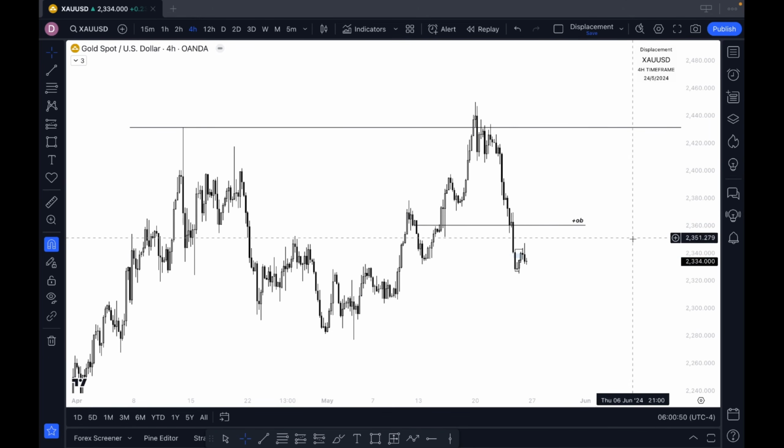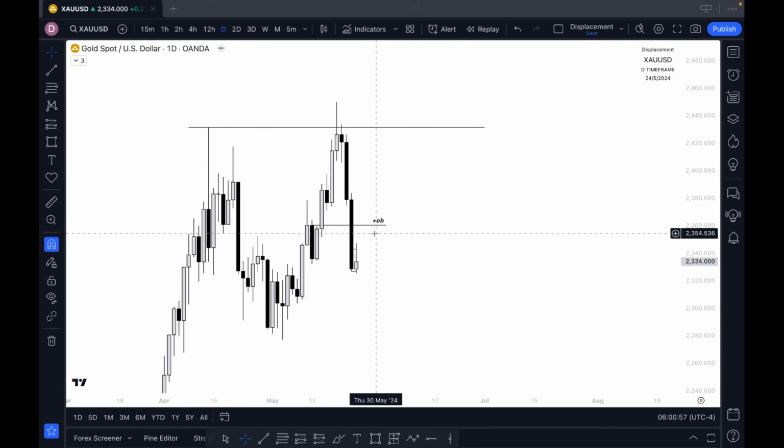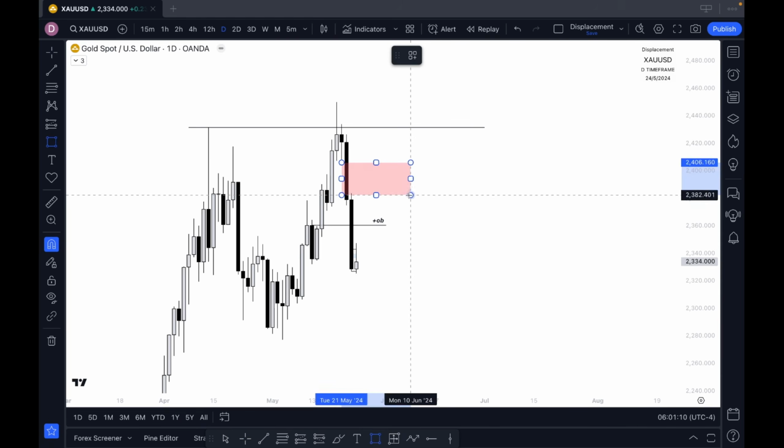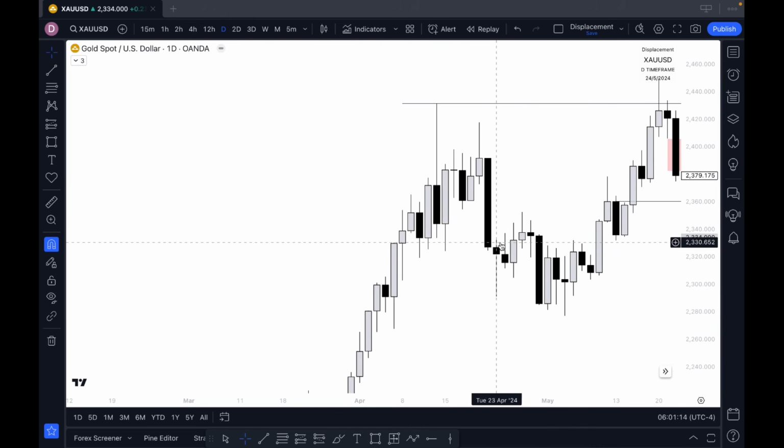It's likely to consolidate for a few days next week. Then only we can see some expansion to the higher and then to the lower side. I would love to see price tap this fair value gap. Else, if it is not going to tap, then in this small fair value gap I have to see this chop, like this chop.